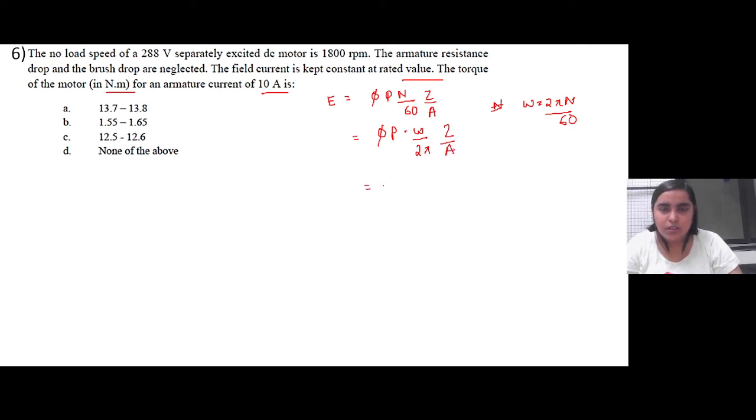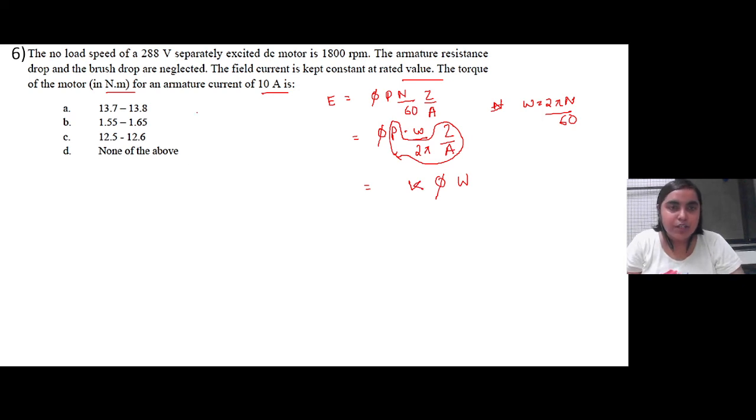So let this be, so phi and omega are changing, and the rest of the equation we put as a constant k.